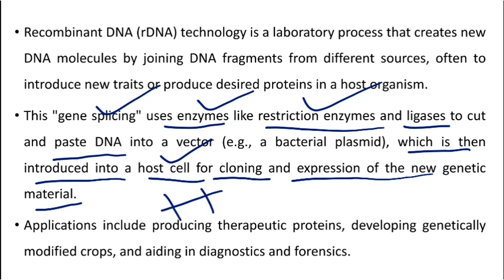Next, we have to introduce it into a vector. So a vector is basically like a vehicle through which we can introduce our desired piece of DNA inside a host cell. Inside the host cell, it will multiply and express itself.